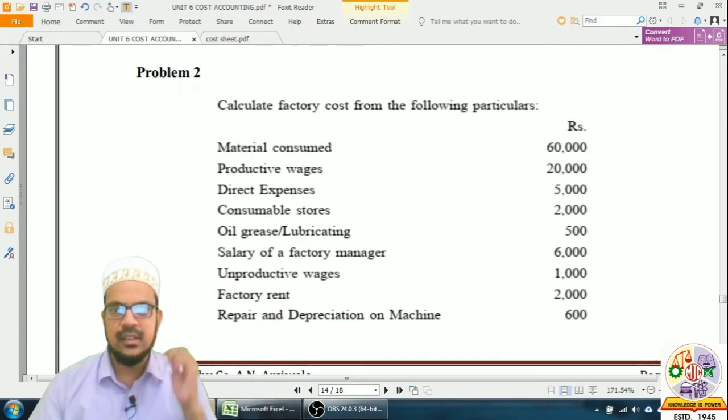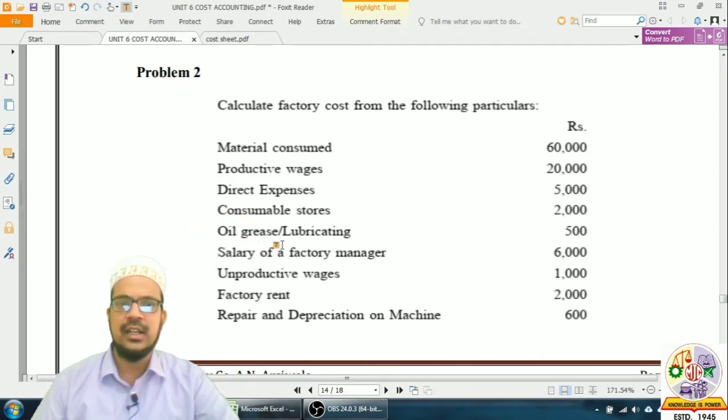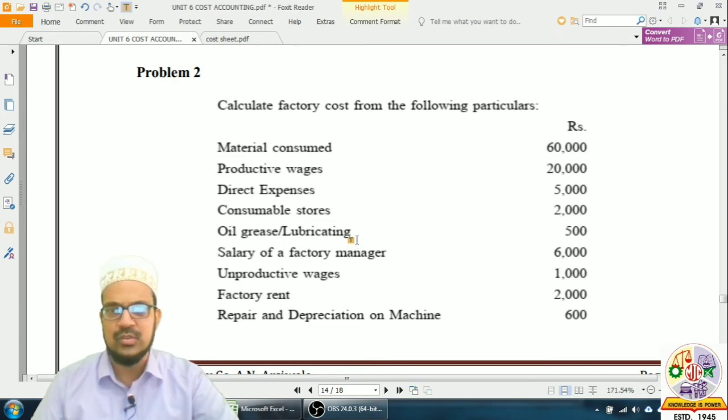So first is the indirect materials, and in indirect materials you can see 2 things coming over here. First is the consumable stores and second is the oil, grease and lubrications. Consumable stores, oil, grease and lubrications are used in machines during the manufacturing process.